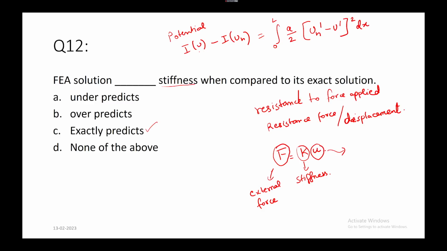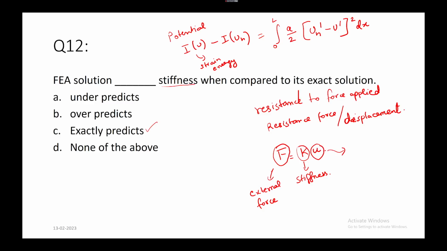So this I is nothing but it represents the strain energy. So this is a potential. So are you able to recall this term? Yes, sir. It predicts the strain energy. Yeah. So actually the energy is let us say this thing.